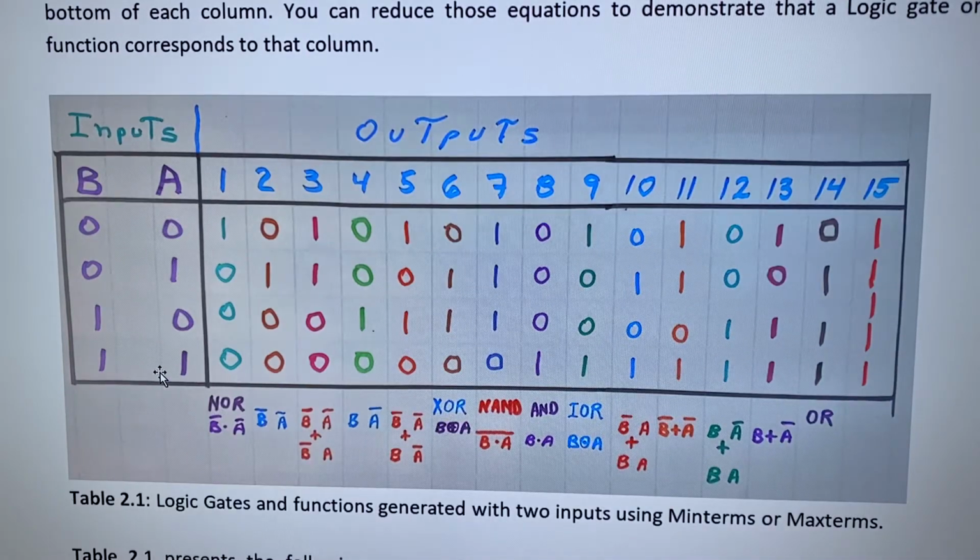And so right here in this table we have two inputs in binary code: 0 0, 0 1, 1 0, and 1 1. When you have a digital circuit with two inputs, there is a possibility of having 16 different outputs, and they are here. Well, we have 15, from 1 through 15, because we're not considering the output 0.